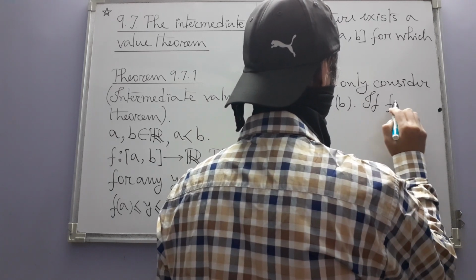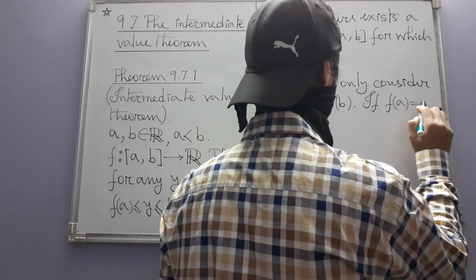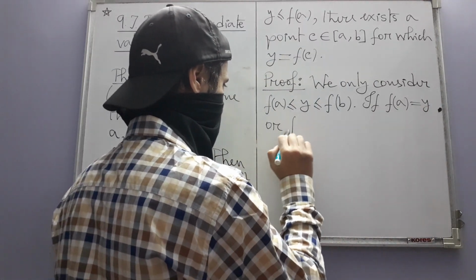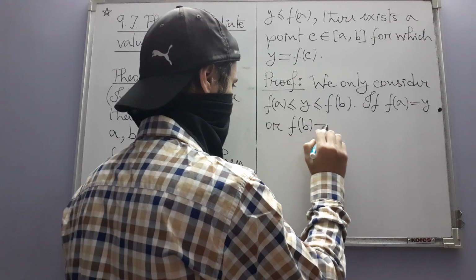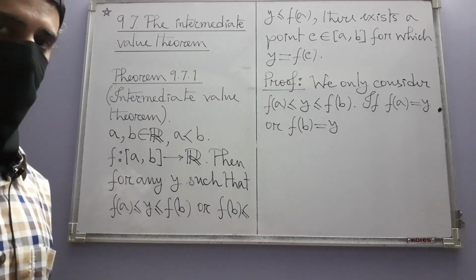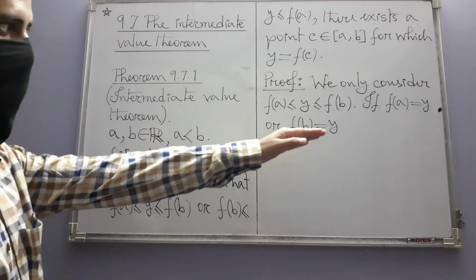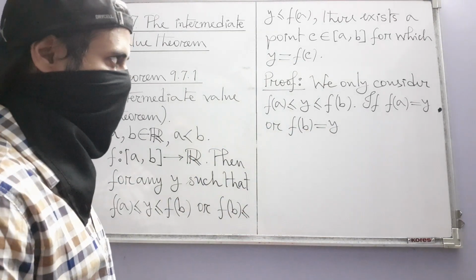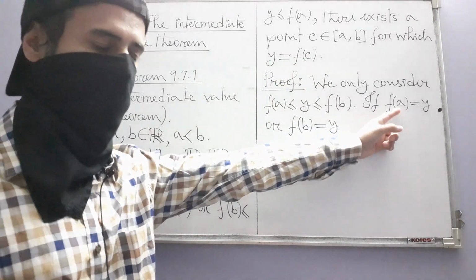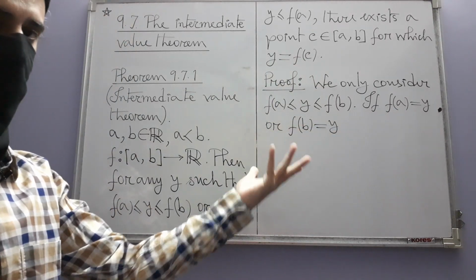If y is actually equal to f of a or y is equal to f of b, then we are done, because we want to show that y is the f image of some point, some c. In this case you can take that c to be a, and in this case you can take that c to be b.